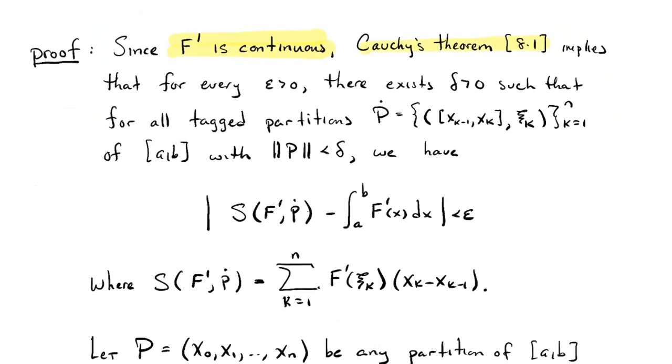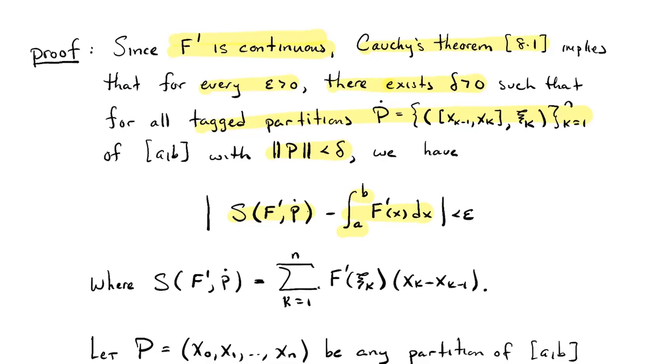More precisely, if we are given any epsilon, there's some delta so that if you take any tagged partition P dot of the interval a b, so you have these n subintervals and you choose the tags c sub k, any tagged partition whose norm is less than delta, then the Riemann sum of F prime differs from the value of the definite integral of F prime by less than epsilon in absolute value.